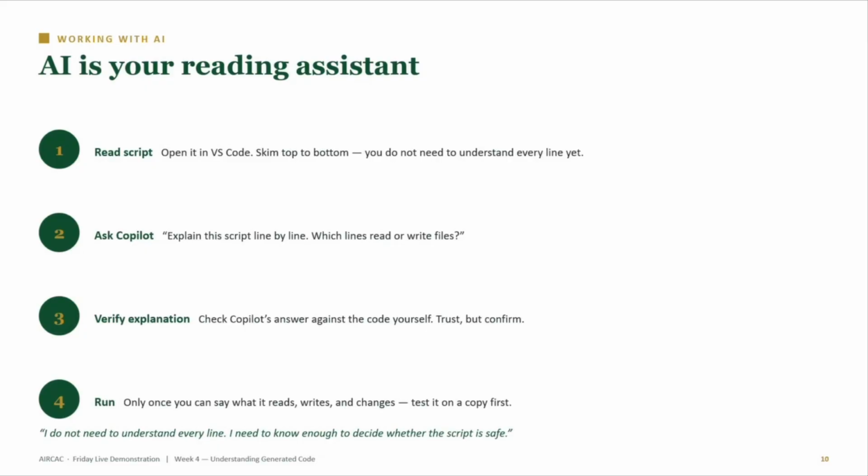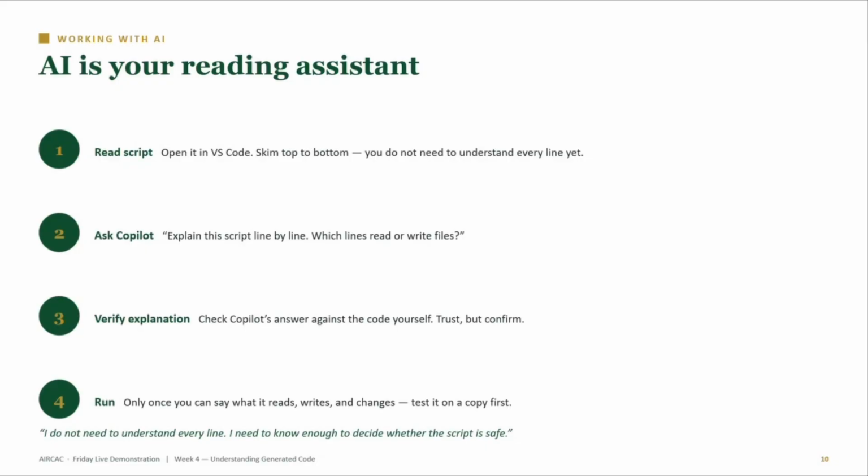So we can take AI as a reading assistant. It can read your script, explain it, and help you understand it. You can ask general questions: explain this code to me, explain this line, explain this point in detail, and whether I can run it without any risk.